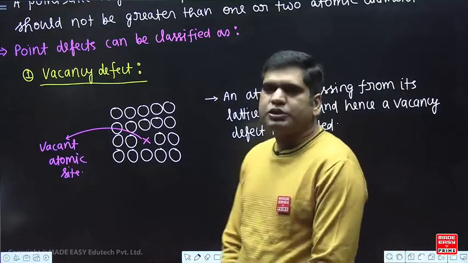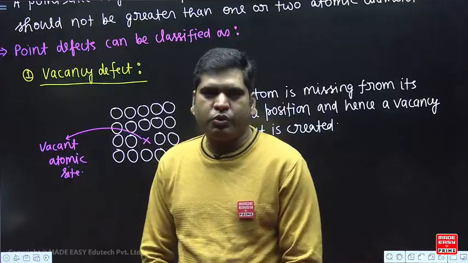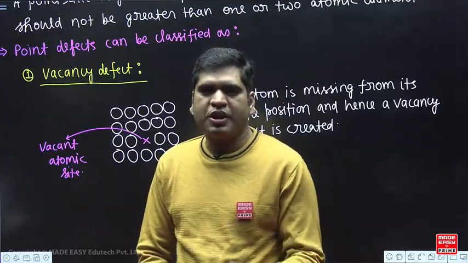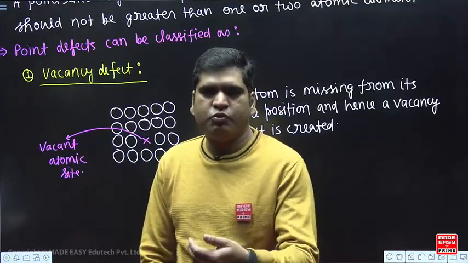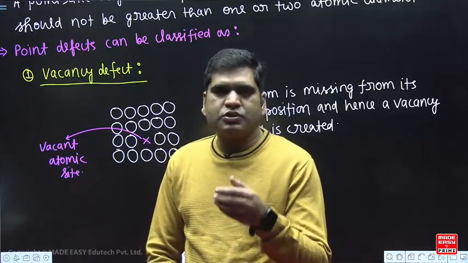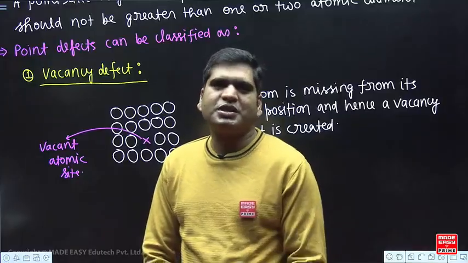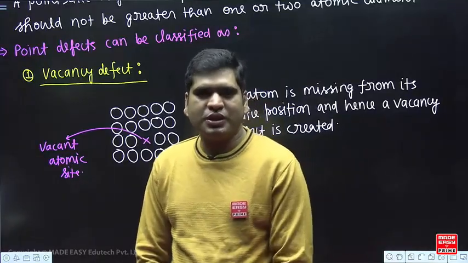It is a strong function of temperature. As you increase the temperature, bonds may be broken. And if the bonds are broken, some atom may acquire thermal energy and move from its place to another place. Once the atom moves, at that place you will get a vacancy. Hence, with increase in temperature, this kind of defect will increase.